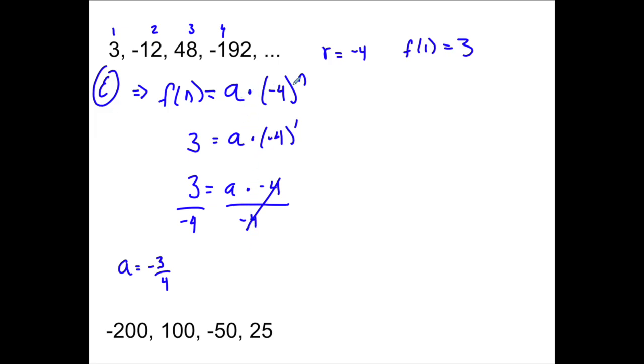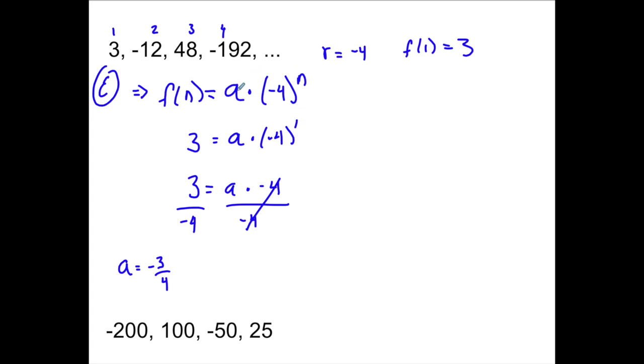Okay? So again, the negative 4 comes from the fact that as I go from left to right, I'm multiplying by negative 4 over and over. And this exponent means to multiply over and over. And by changing what n is, I change the number of times that I'm doing that.